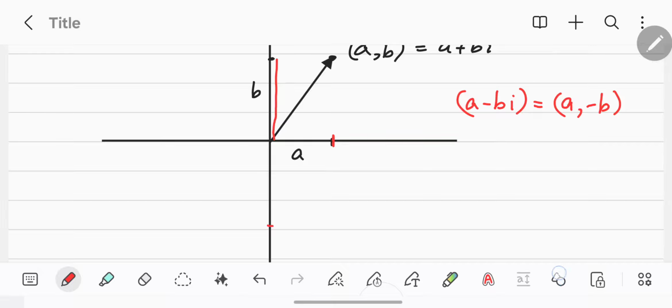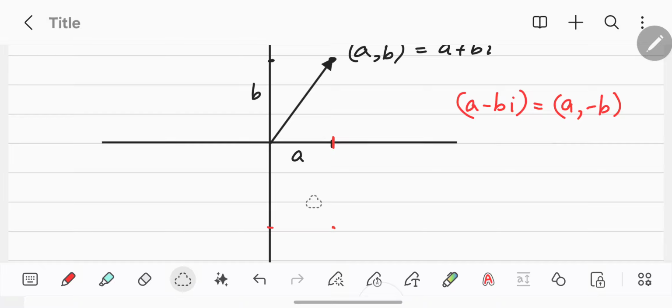I will draw 2 lines, one line passing through this point and the other line passing through this point, and then I will draw a point here because this is the point of intersection. Now here I will draw a vector starting from the origin and whose head is at this point. So here is the vector, right?